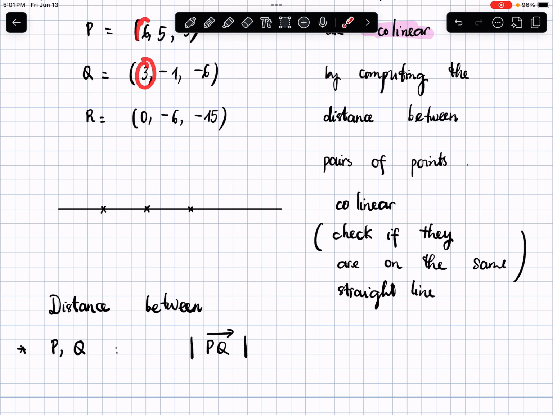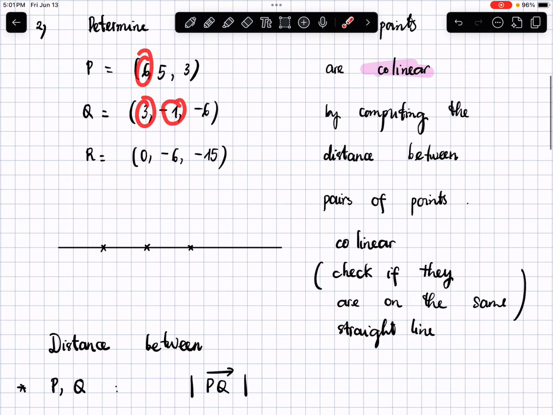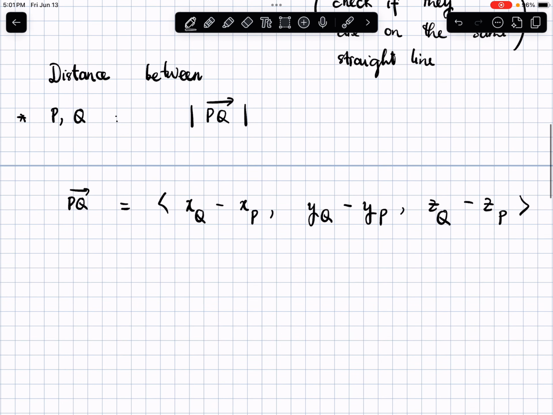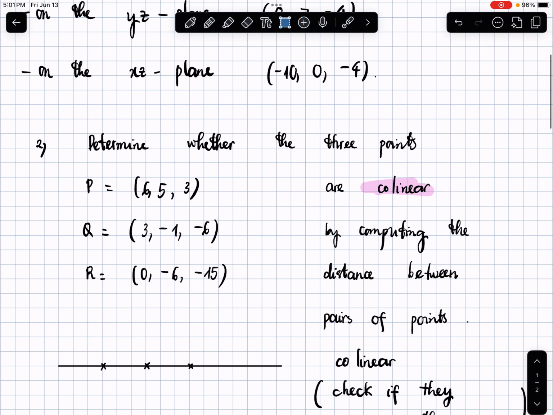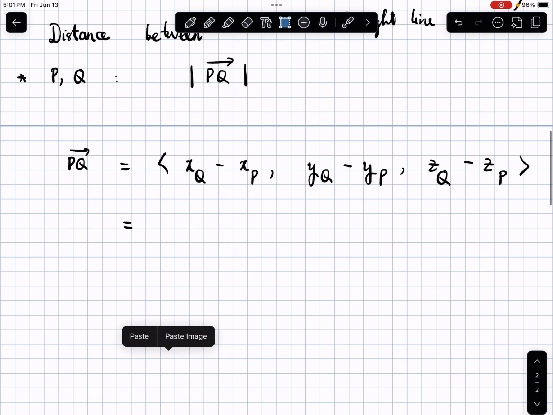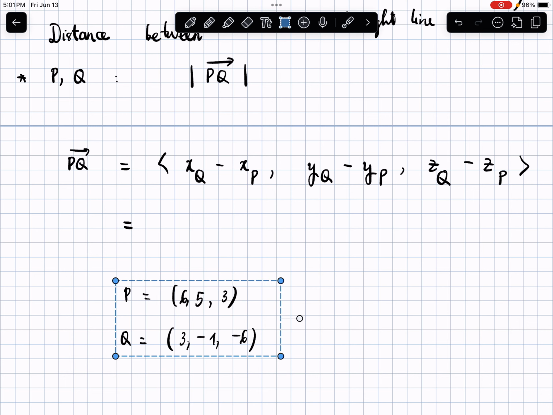So vector PQ is given by xq minus xp, yq minus yp, zq minus zp. And we plug in the coordinates of P and Q. P is 6, 5, 3.